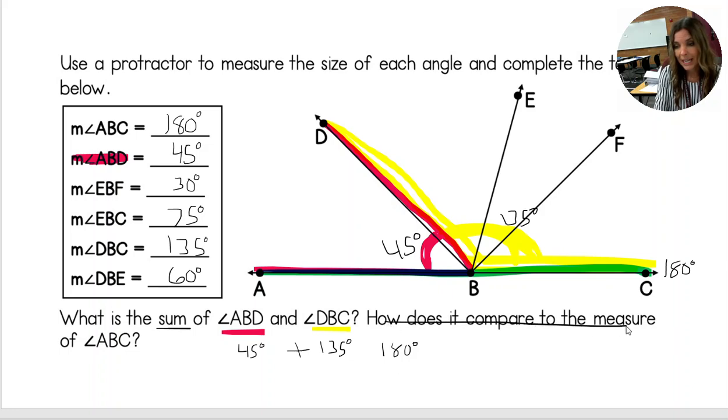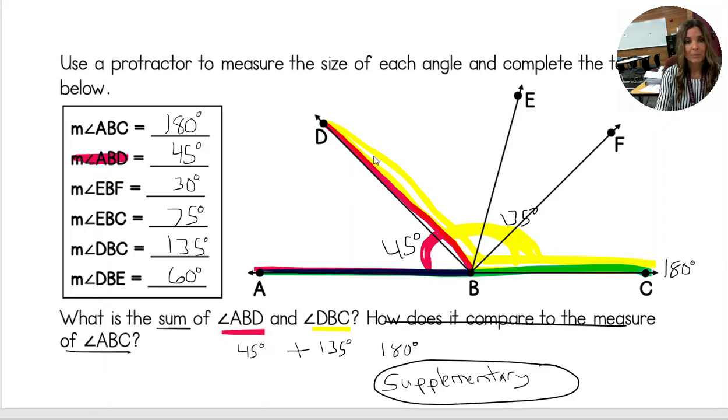When the question asks how that sum compares to the measure of angle ABC, we would say it's the same. If you add together the two angles, ABD and DBC, they equal 180. And in geometry, that has a special name that we are going to be talking about in our notes today, and that name is supplementary. If two angles' measures add together to be 180, we call them supplementary.